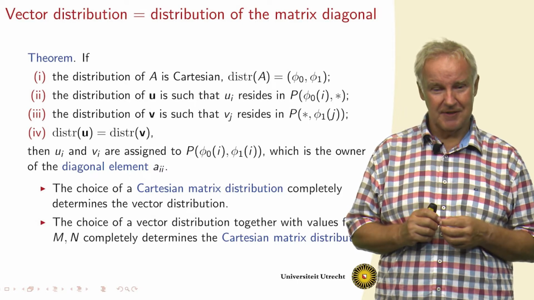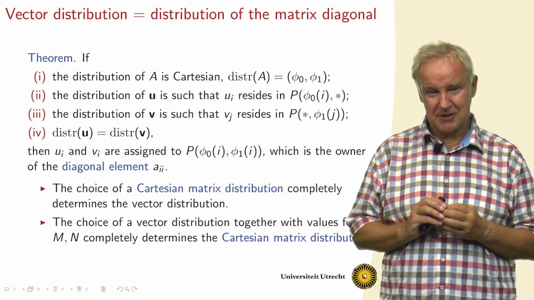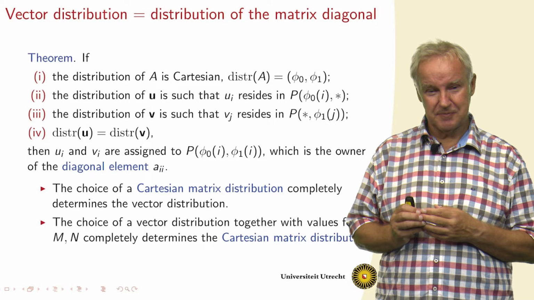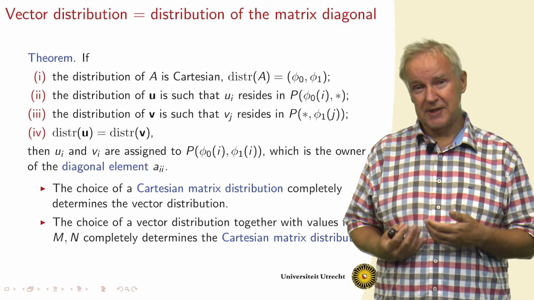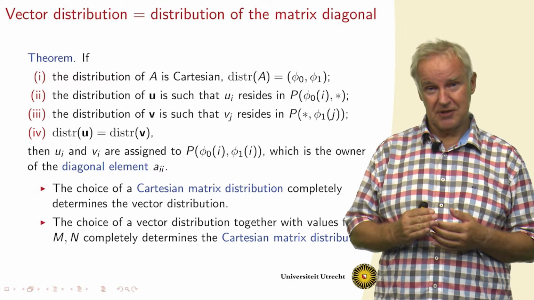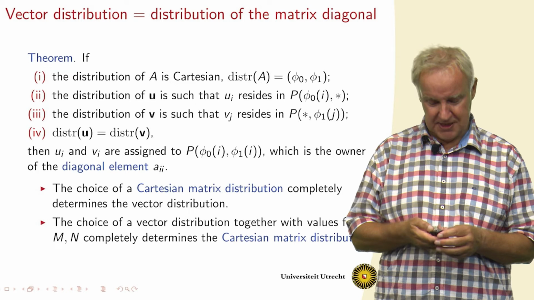And that gives a link. We see that the choice of a Cartesian matrix distribution determines the vector distribution, and vice versa, where then we need to fix m and n. So this is the link between the vectors and the matrix diagonal. They are distributed in the same way.